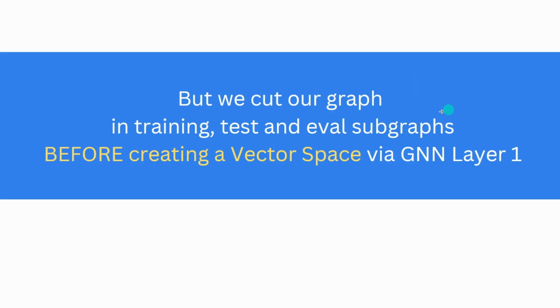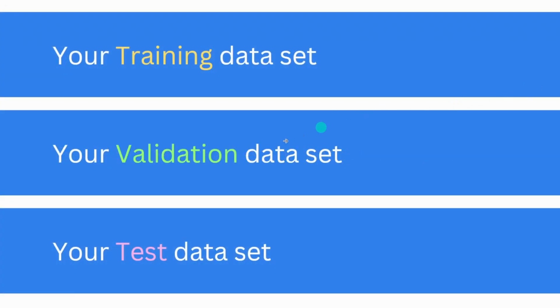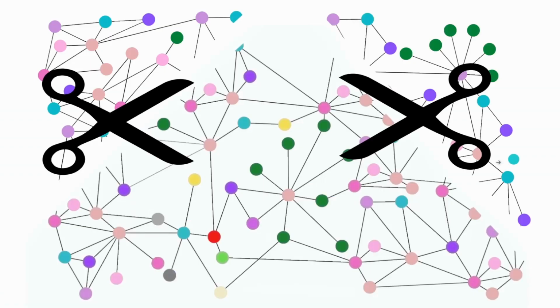So therefore, you understand now that your training data, your validation data set, and your test data set, which also have a graph structure, lose information of the whole complete graph when you cut it. So the way you cut your complete data set into a training data set, evaluation, no, training is the big one, evaluation, this is here my test data set.